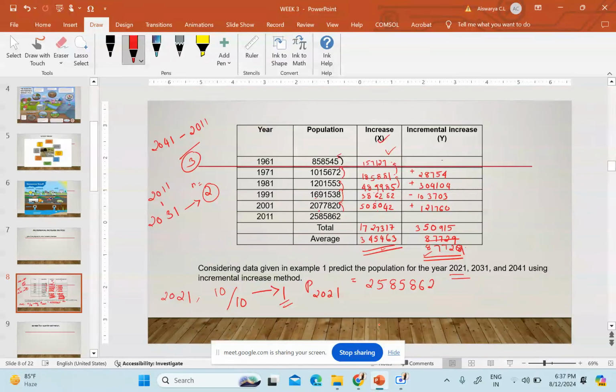That is the last known data from your analysis. Then you take the x average value, 345463, and multiply with n, the number of decades. What is the number of decades here? It is 1.